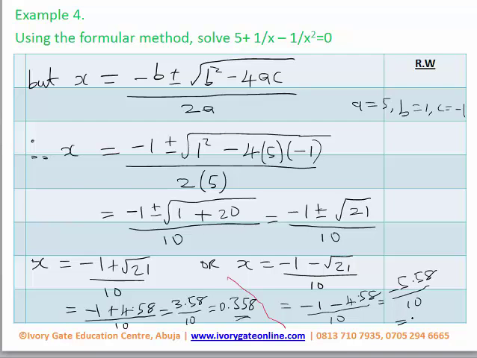Then this gives us minus 0.558. These are the values of x that satisfy the equation. x is equal to, for the first one, we can round it off to 0.4, or x is equal to minus 0.6.